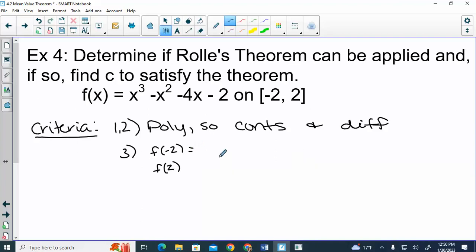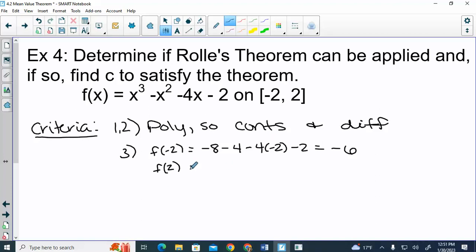So if we plug in a -2, -2 to the third is -8. -2 squared is 4. Minus 4 times -2 minus 2. So we get -12 plus 8 minus 2. So we get -6.